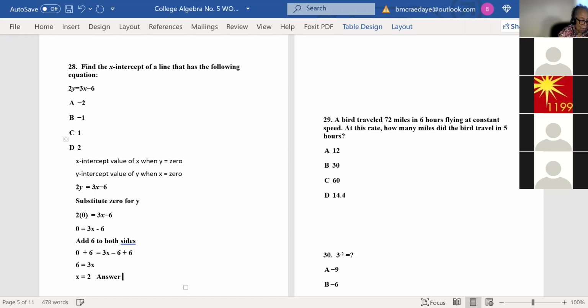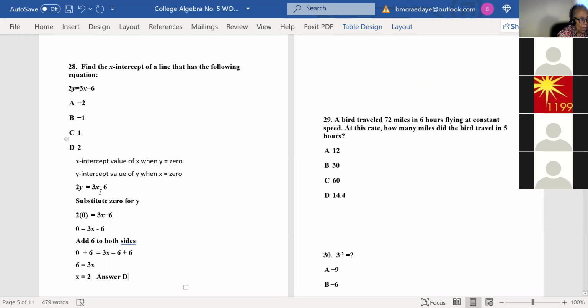Okay, answer D. Now, don't get these intercepts mixed up. The y-intercept is the one we normally use with our linear formula, y equals mx plus b, where b is the y-intercept. That's the value of y when x is 0. The x-intercept is the value of x when y is 0.